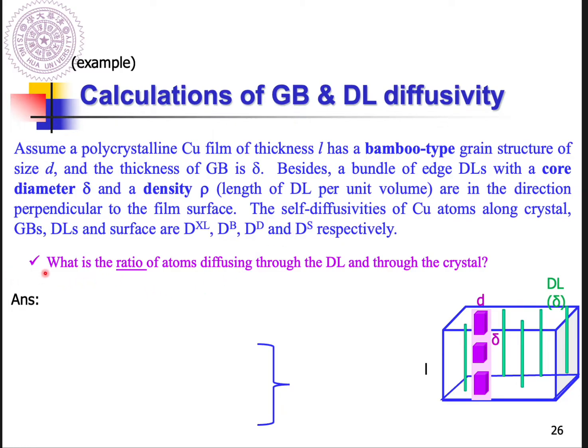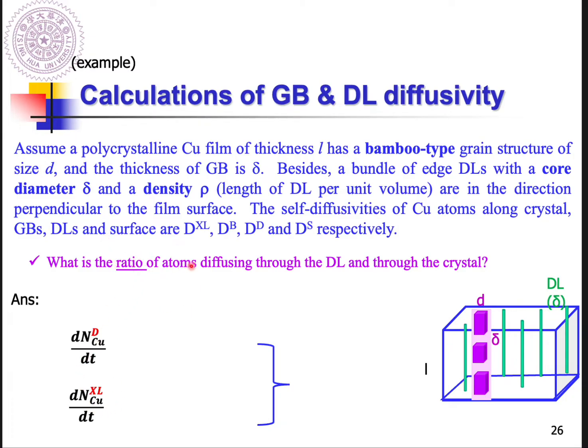So the first question is, what is the ratio of the atoms diffusing through the dislocation and through the crystal?